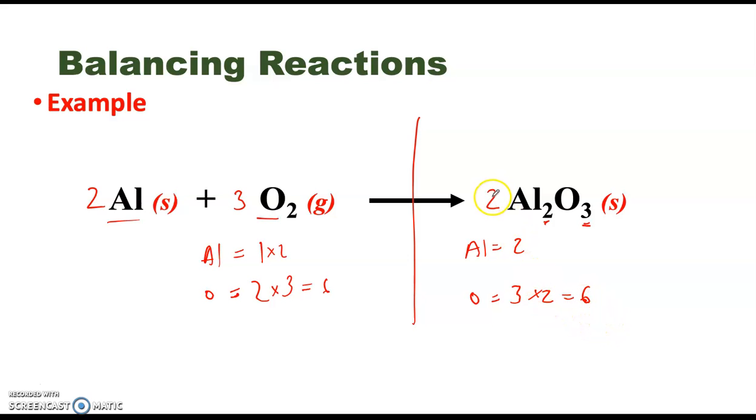But when I put this 2 here, that means there's 2 of this whole thing. So now there's 6 oxygen and there's times 2, there's 4 aluminum. Well, I need to go back then and change this 2 to a 4 to get that to equal. So this 2 becomes a 4. And that's why I recommend using a pencil so that you can erase.